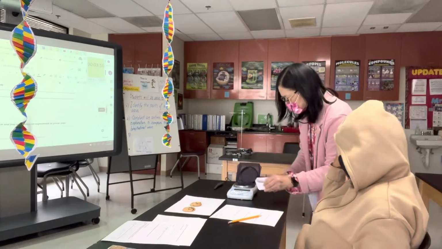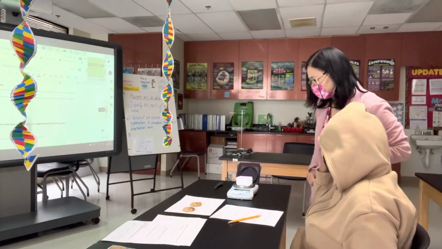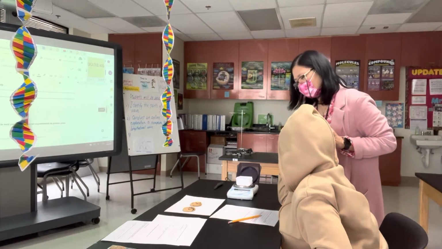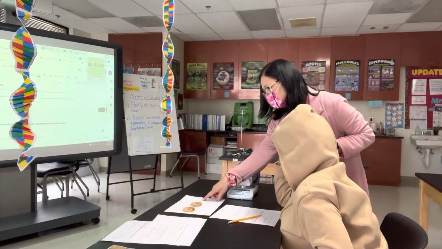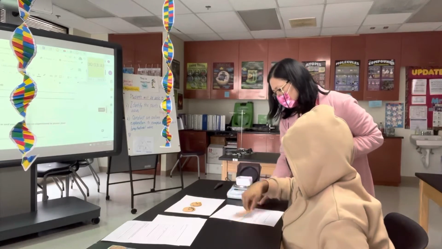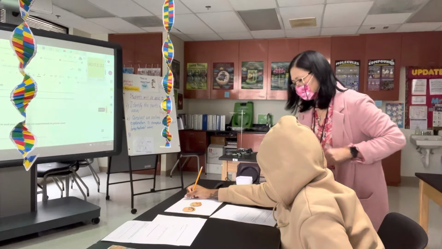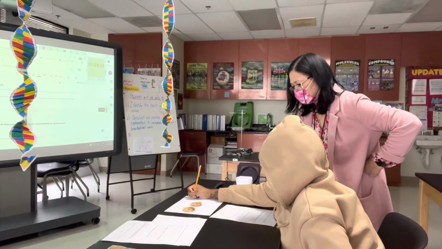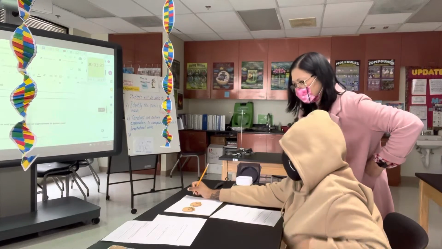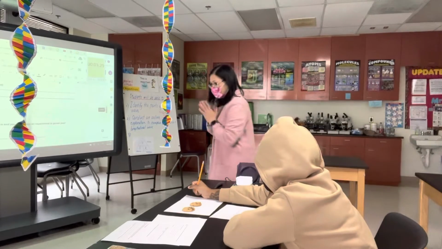All right, so let's mass it. What's the total? 15.5. Okay, so was this the first one? That was trial 1. Okay, so 15.5 minus 4.7. Where's my calculator?